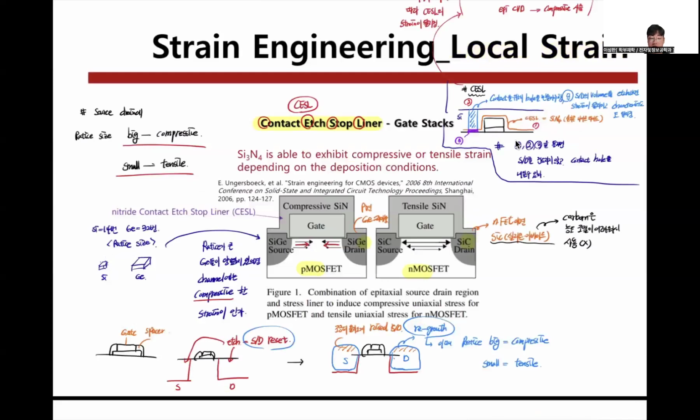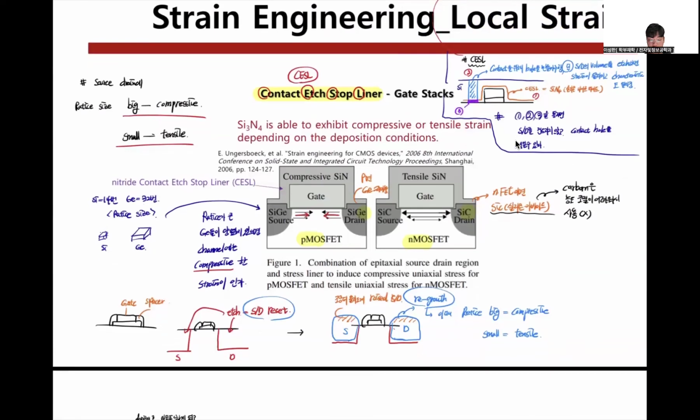So how do we use local strain? First, we use the CESL, which means contact etch stop liner. Look at this figure: there is a source and drain. We etch the source and drain and regrow them.